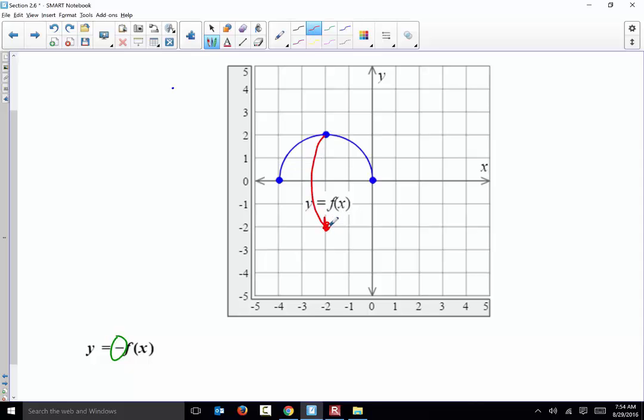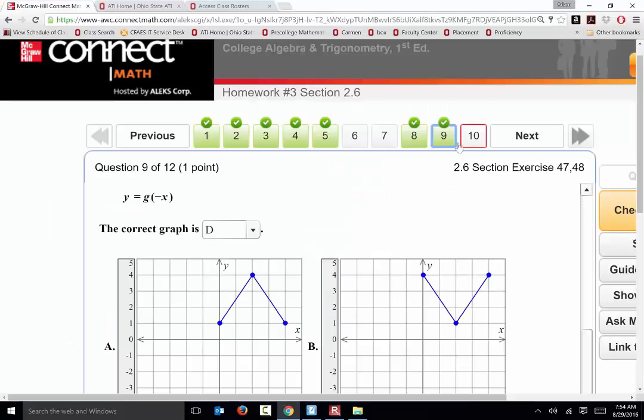I don't need to compute the coordinates, but if you want to, it's fine. Where does this blue point go? It stays the same. It's on the x-axis. If you reflect it along x, it remains on the x. I combine these 3. It's this half.